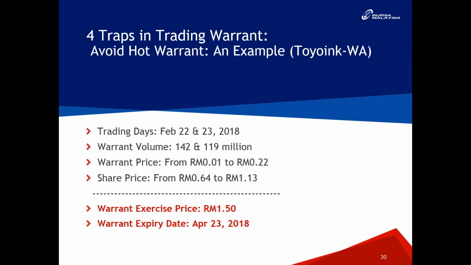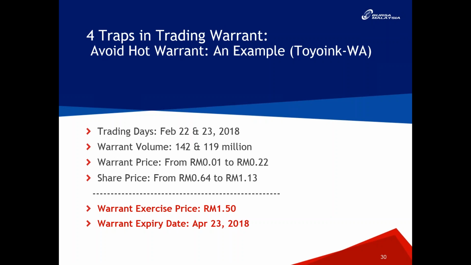It went up to 22 cents, and the volume, which was normally below 1 million, jumped to above 100 million each day. In fact, it is 142 and 119 million. And when you look at the share price, well, it looks like it is probably justifiable for the warrant to go up. The share price actually moved from 64 cents to 1 ringgit and 13 cents.